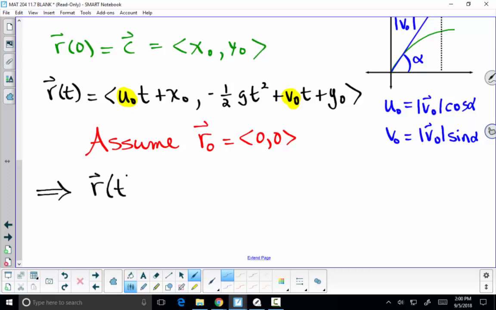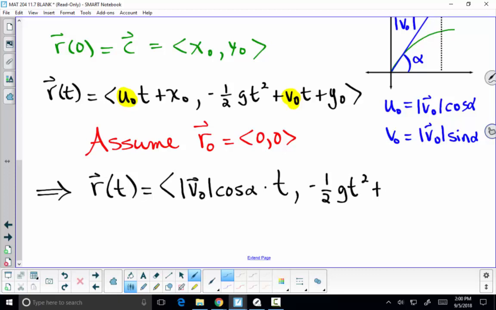So we have that our position vector is going to be u naught, which is absolute v naught cosine alpha multiplied by t plus x naught, which we just said, let's let that be 0. And then we're going to have minus 1/2 g t squared plus v naught, that's not the vector, so v naught the constant, so absolute v naught the vector times sine of alpha multiplied by t.